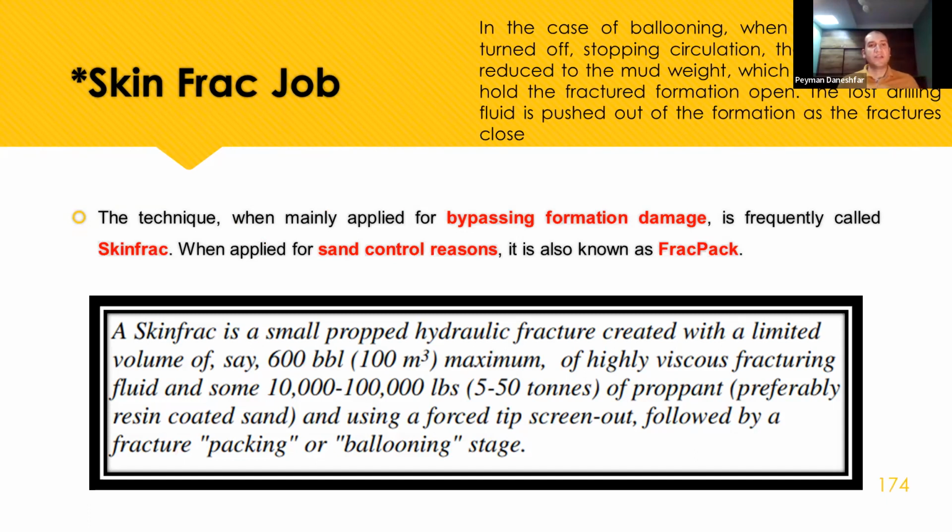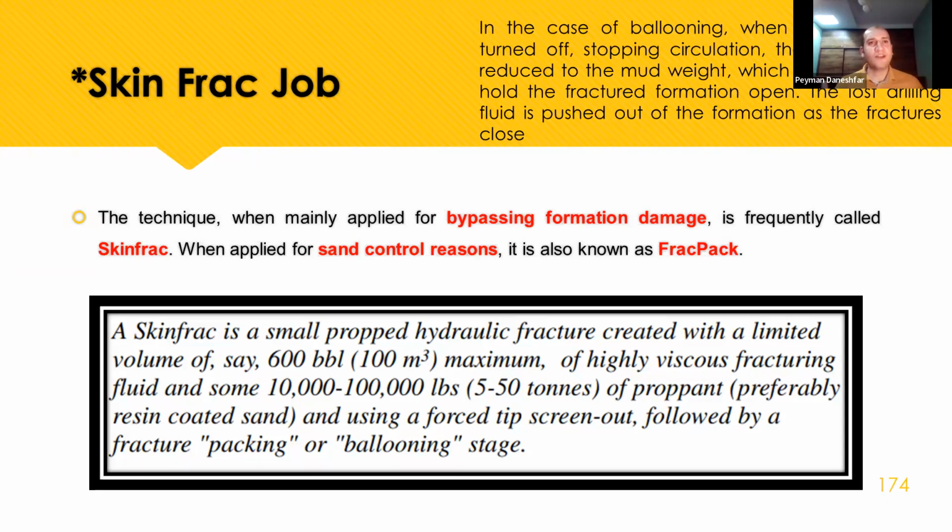A skin frac is a small propped hydraulic fracture created with a limited volume, 600 barrels maximum, of highly viscous fracturing fluid and some 10,000 to 100,000 pounds of proppant, using a forced tip screen-out followed by fracture packing or a ballooning stage.